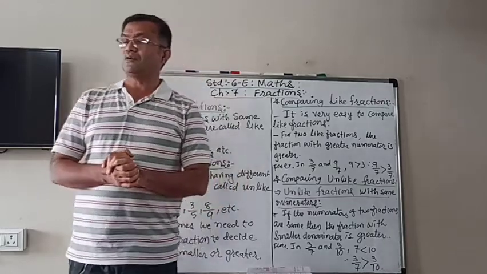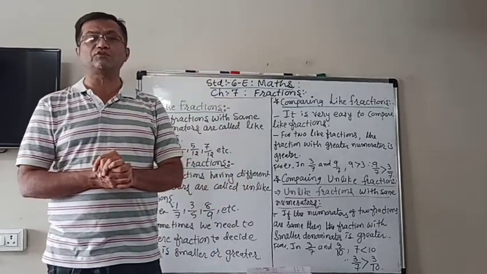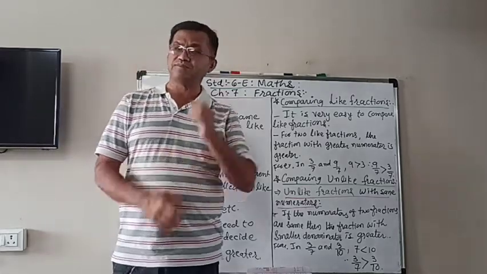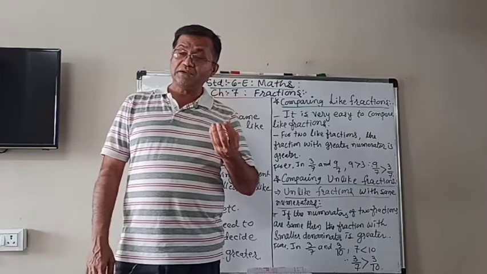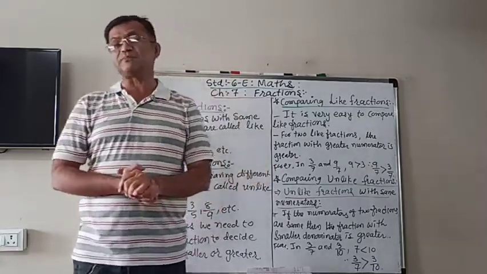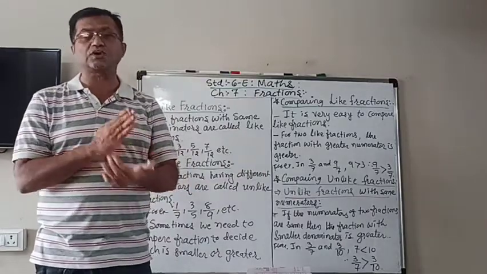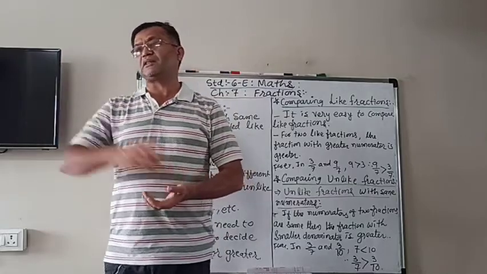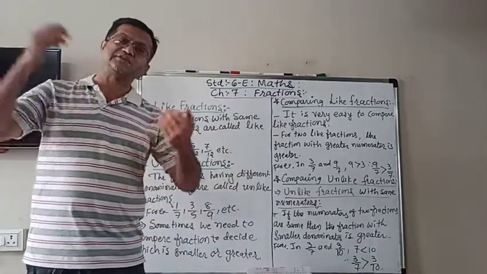So now, if we know the part done by the persons in fraction, then it is not easy to compare them sometimes. But we need to compare. One had done the 3 by 5th part and the other had done 2 by 7th part.